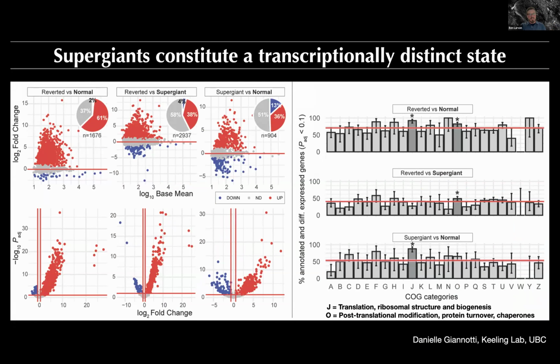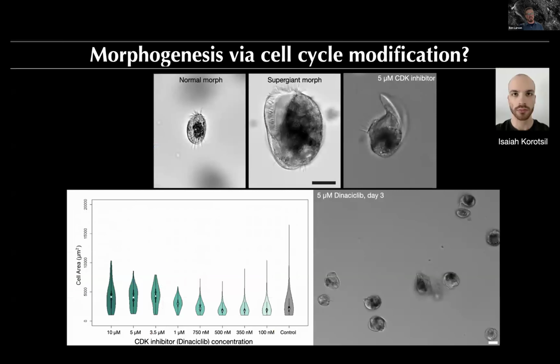This is very late-breaking data, but I'm excited to at least show this preliminary result. I just had a rotation student test a bunch of CDK inhibitors on cells, and I think they saw quite an interesting phenotype. Here we have our normal morph and supergiant morph, and with the CDK-inhibited cells we see the appearance of these weird morphologies, where the cells are big, not quite supergiant size, and tend to have this weird extended portion at the front of the cell.